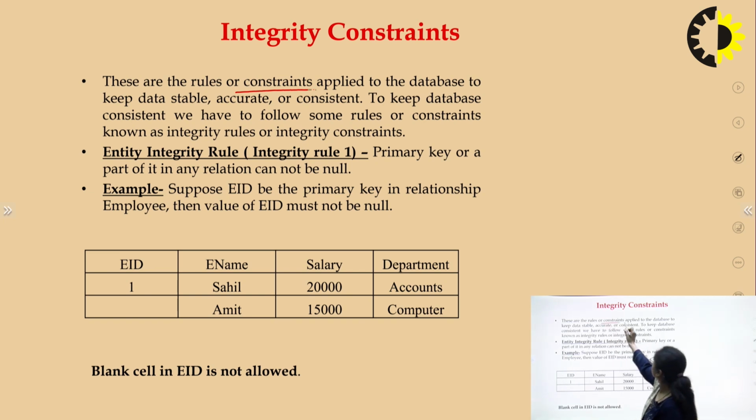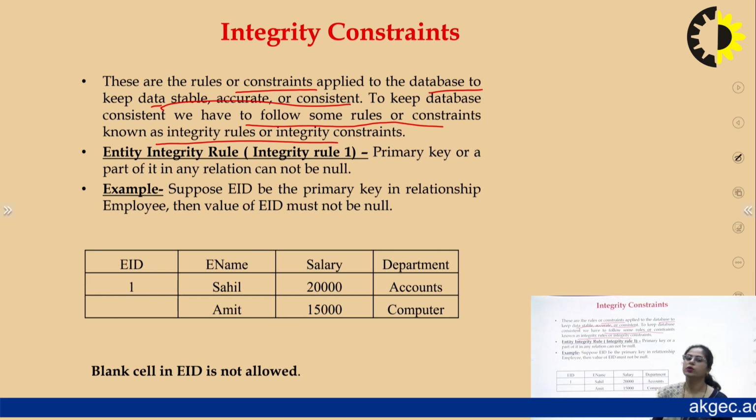These are the rules or constraints applied to the database to keep data stable, accurate, and consistent. To keep the database consistent, we have to follow some rules or constraints known as integrity rules.